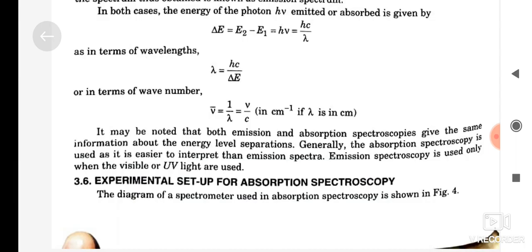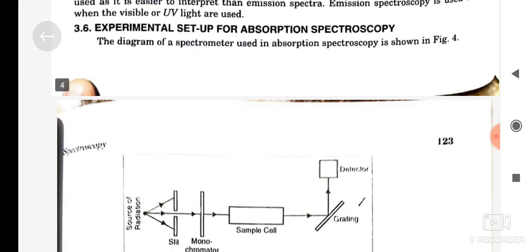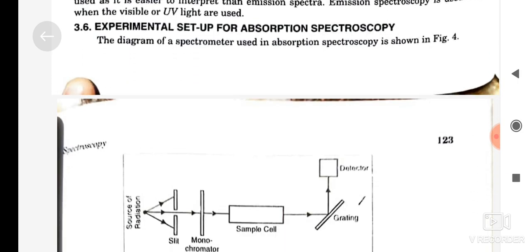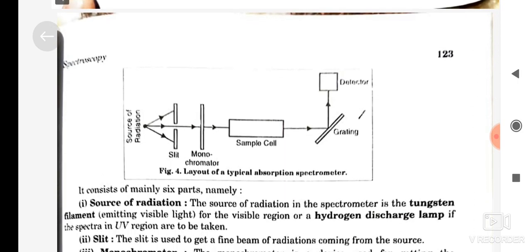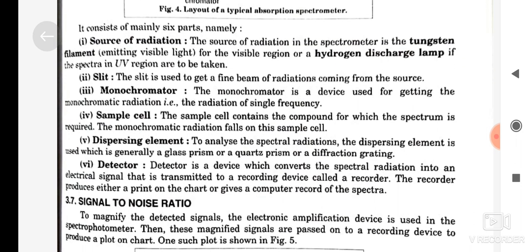Experimental setup for absorption spectroscopy. The diagram of the spectrometer used in absorption spectroscopy is shown in figure 4. It consists of mainly six parts. First, the source of radiation. The source of radiation in the spectrometer is a tungsten filament emitting visible light for the visible region, or a hydrogen discharge lamp if spectra in the UV region are to be taken.